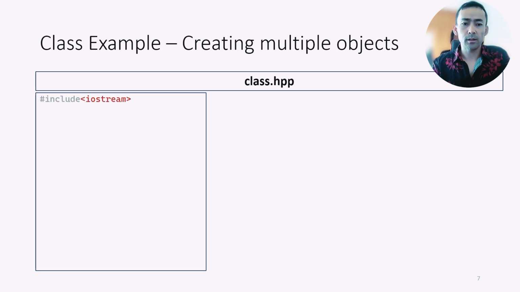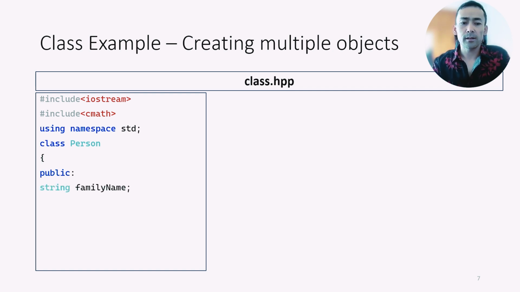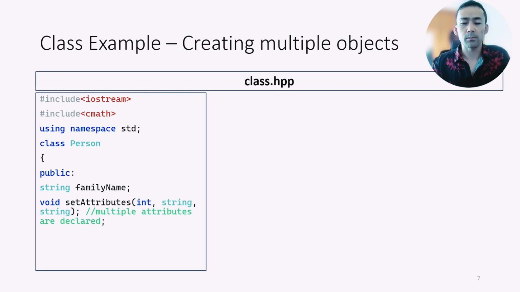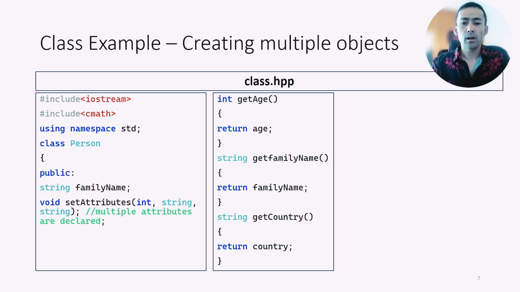First, we include iStream, cmath, and then using namespace std, we define class person. And inside a public, we have a string family name, and we set attributes function that includes multiple objects, integers, strings, and a string. But for the return functions, member functions, we cannot shorten them. We have to return individually each of the member variable.